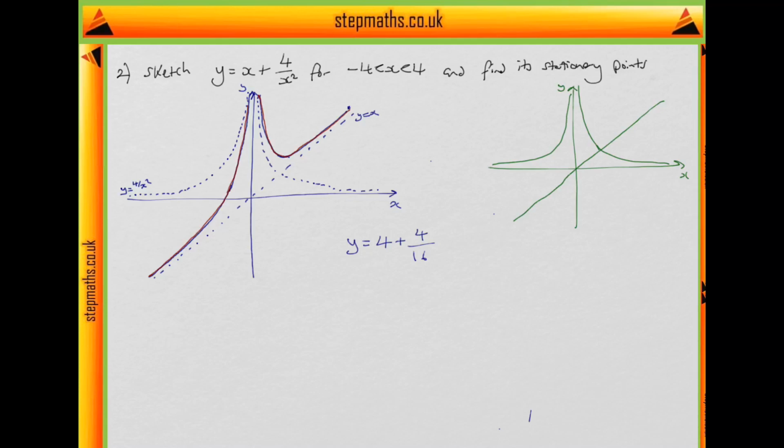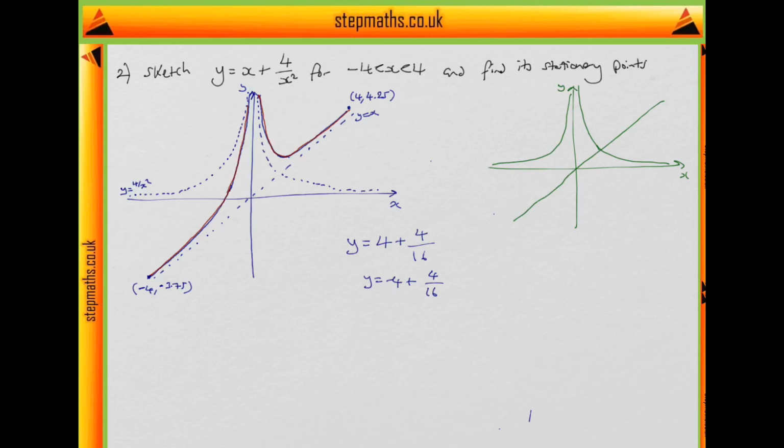So we get this point here where x is 4 and y is 4.25. What about the negative? Well, y is equal to minus 4 plus 4 over minus 4 squared, that's still 16, so it's minus 4 plus a quarter, so that's minus 3.75. So that's the point minus 4, minus 3.75.